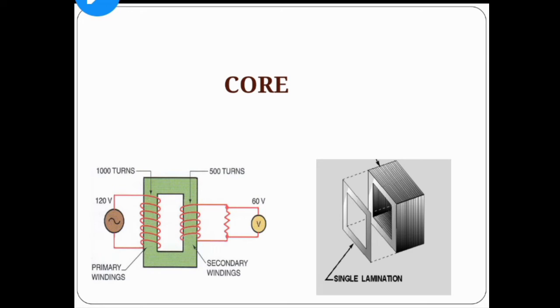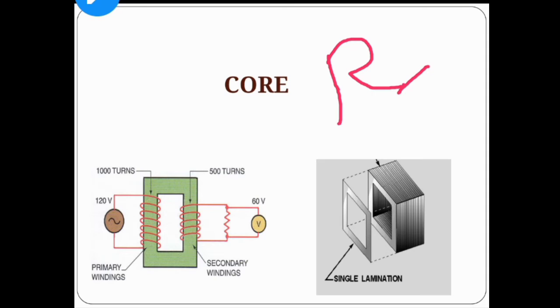Why is silicon steel used? The reason is that silicon steel has a high permeability value, and it has low reluctance to the flow of flux. Reluctance is like resistance: in our electrical circuits, resistance opposes the flow of current, and reluctance opposes the flow of flux.